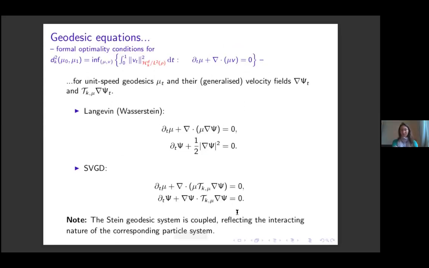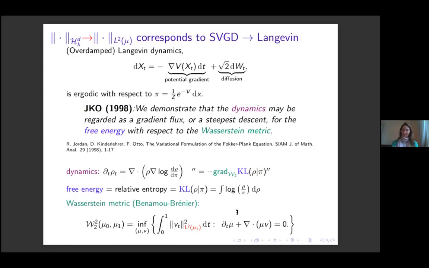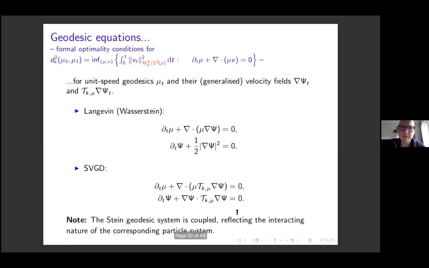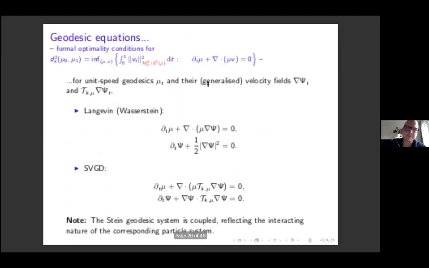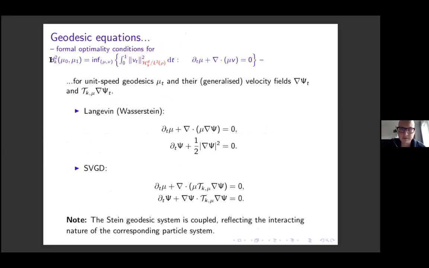What I'd like to discuss next are geodesic equations. Or maybe one comment about this. I said that this is joined together by the Stein geometry. When I say Stein geometry, it's really this object, which is sort of at the heart of all this, the distance on the space of probability measures.